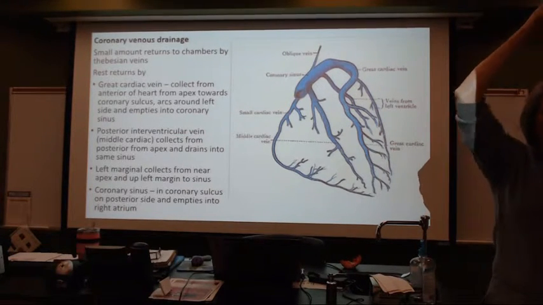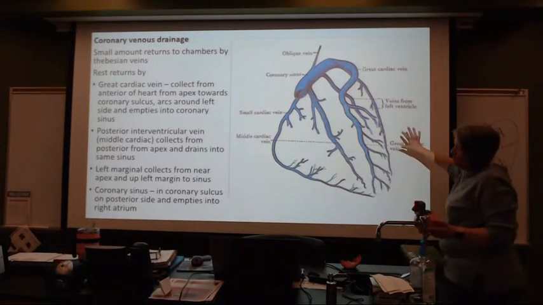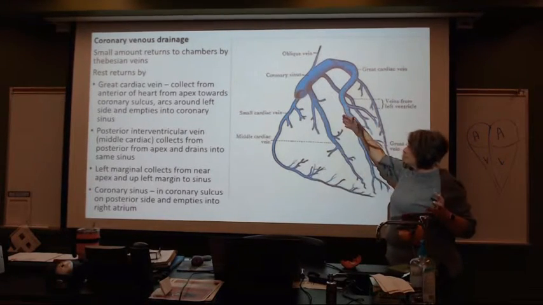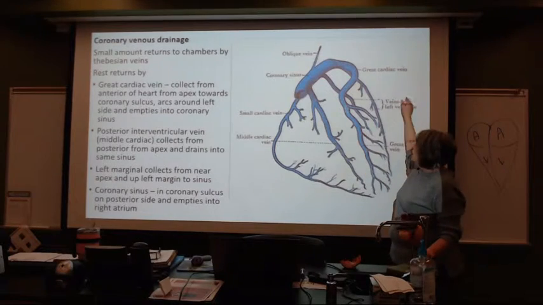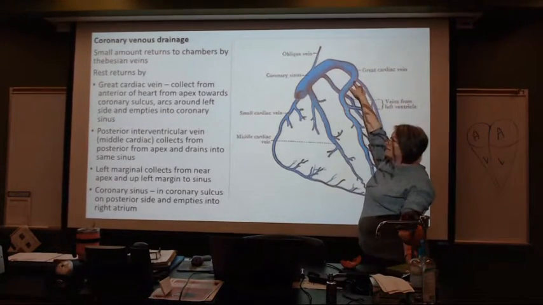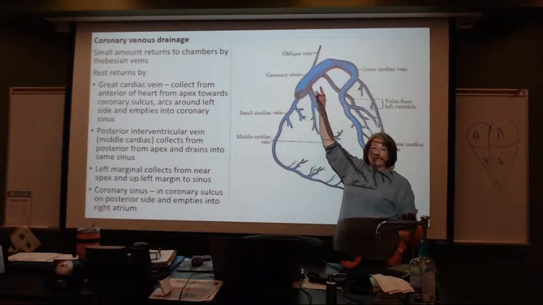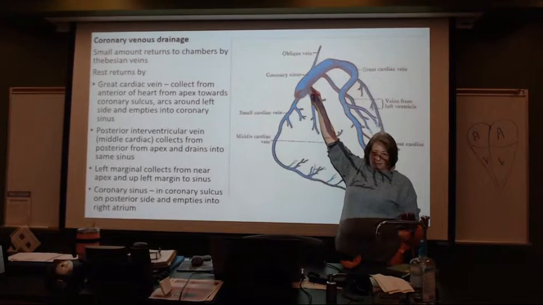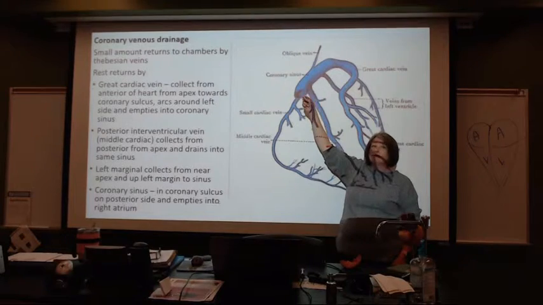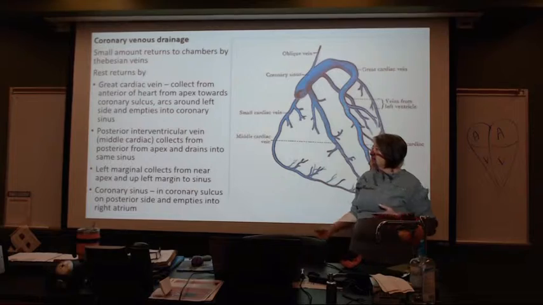So that blood is going to come back to the great cardiac vein, basically collecting from these arcs, the branching that's taking place. We're going to get it returned to my great cardiac vein, and it's heading towards my coronary sinus. The coronary sinus is just simply that hole, this opening that's going to be present.